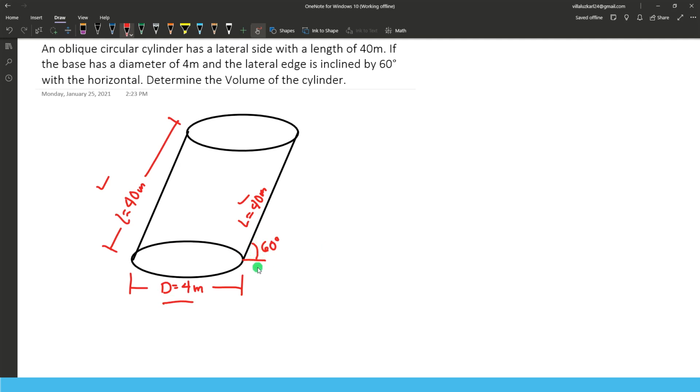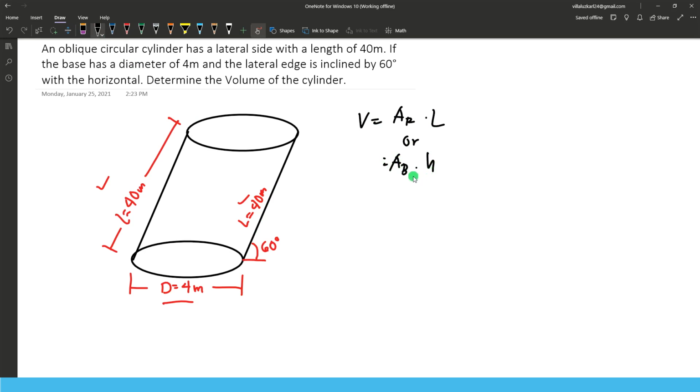Now, determine the volume of the cylinder. In determining the volume, we can use the formula volume equals A_R times L. We can use that.